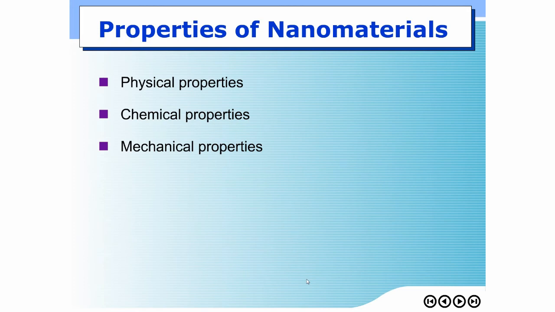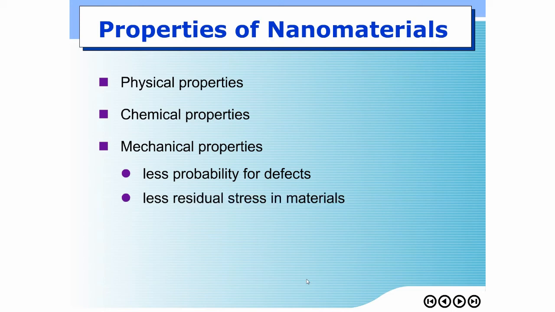For mechanical properties, first of all, nanoparticles are very small, so they have a lower probability of forming defects. So the majority of nanoparticles should have higher strength, approaching the theoretical value, because they have a low probability of forming defects inside.